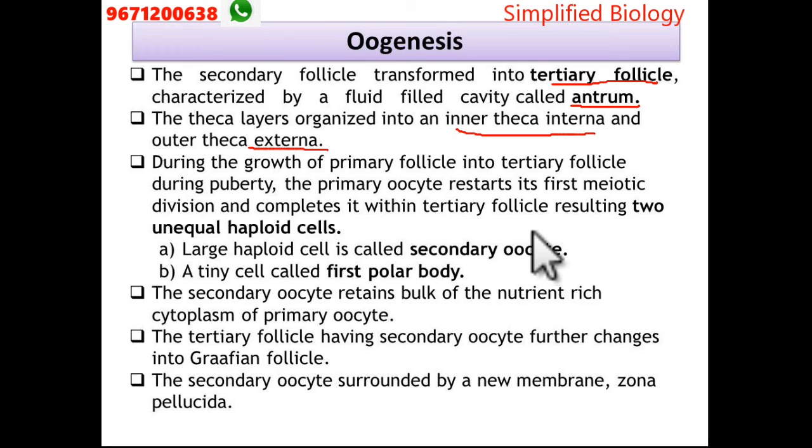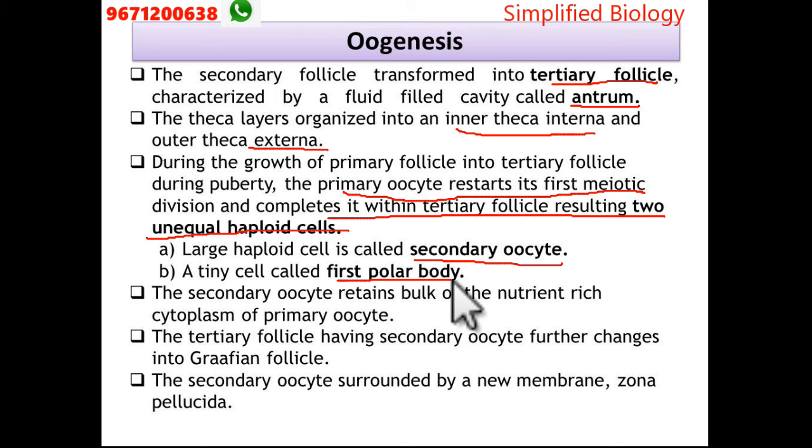Clear? Okay. With the growth of the primary follicle into the tertiary follicle during puberty, the primary oocyte restarts the first meiotic division and completes it within the tertiary follicle, resulting in two unequal haploid cells. Of the two haploid cells, the larger one is the secondary oocyte, and the other is the first polar body.